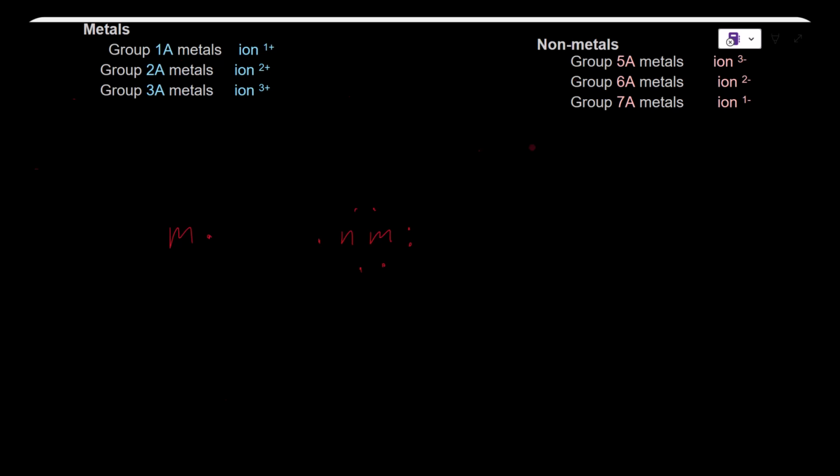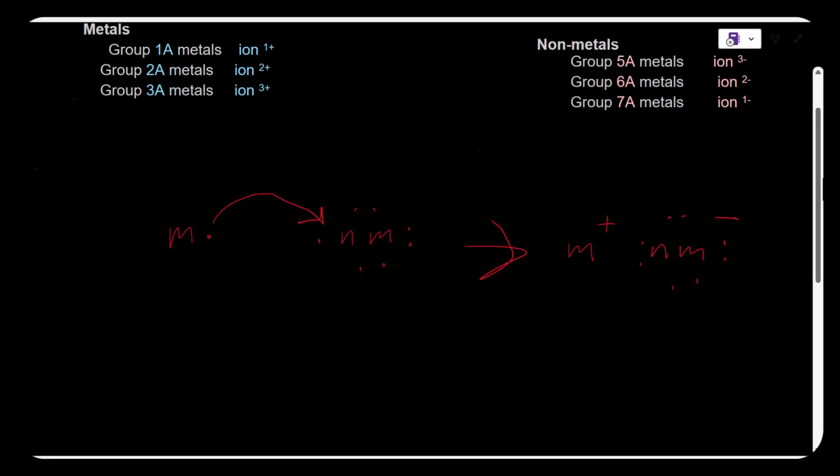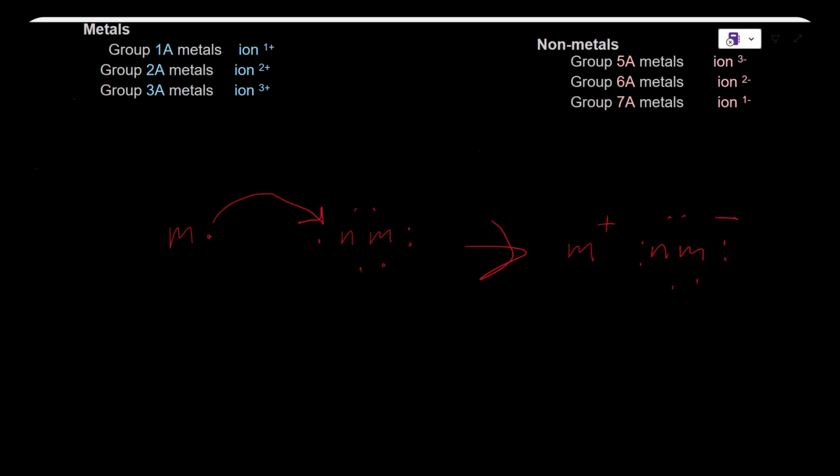The one valence electron on the metal goes to the nonmetal, and we have the metal cation and the nonmetal anion with 8 electrons in the valence shell. Through this, there's an electrostatic attraction. One thing I do want to point out is there is no sharing in an ionic bond. It's a complete transfer of the electron from the orbital of the metal to the orbital of the nonmetal.